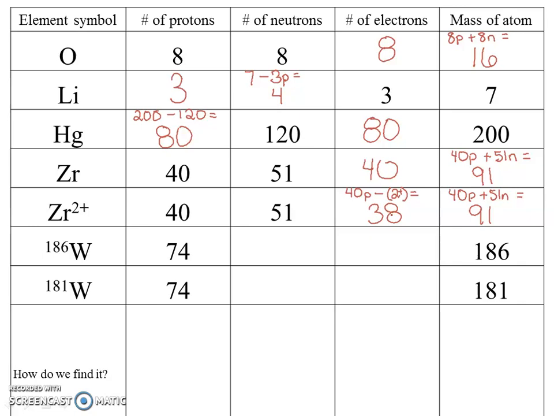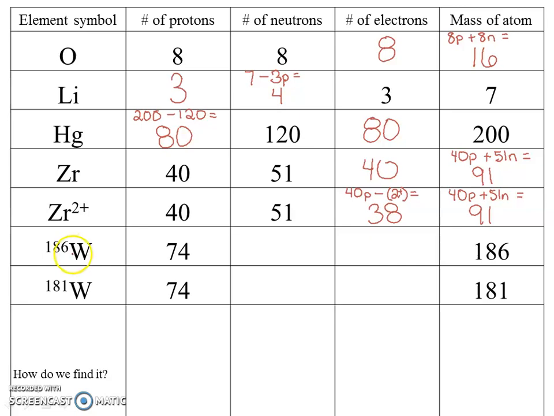Since the number of protons can't change, to get the charge, we have to change the number of electrons. The last two examples in this chart are both the element W, which stands for tungsten. It's another one of those not matching symbols and element names.